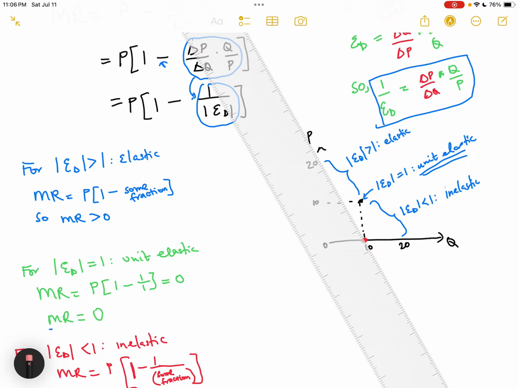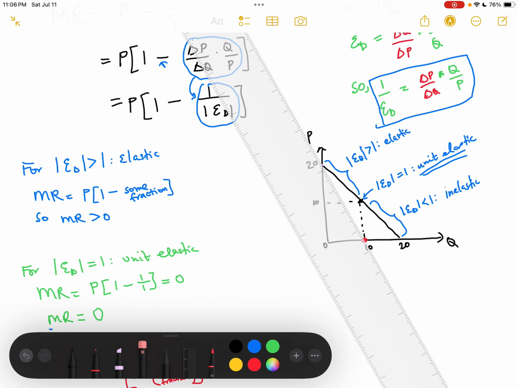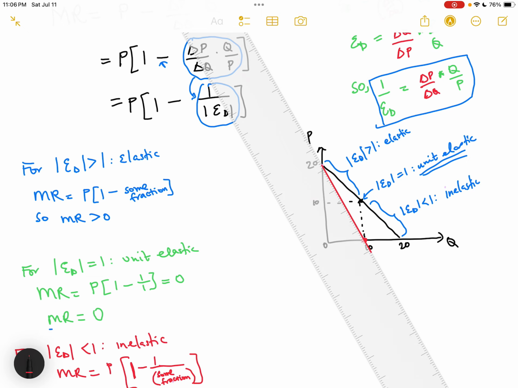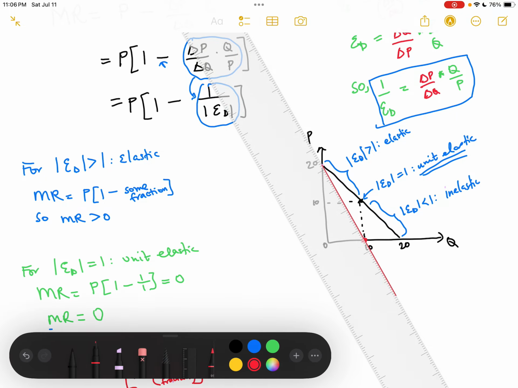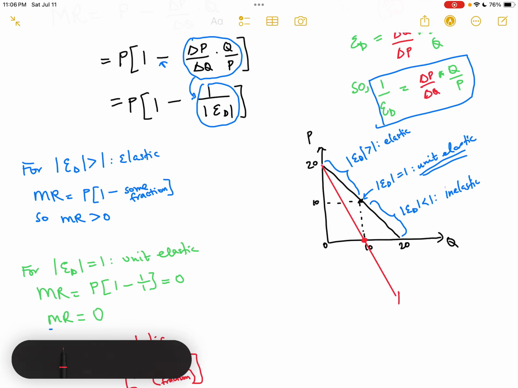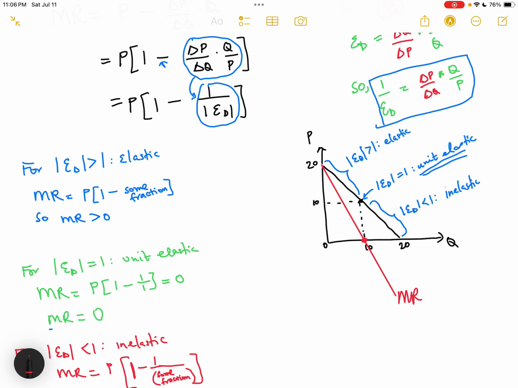I think this should work. If it doesn't, we'll oops. Yeah. If it doesn't work, the third time is the charm, eh? Yeah. All right, good. So this is MR, marginal revenue.